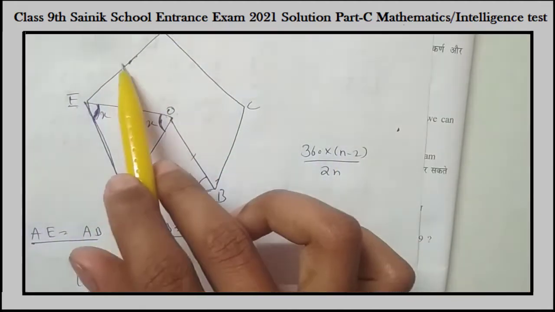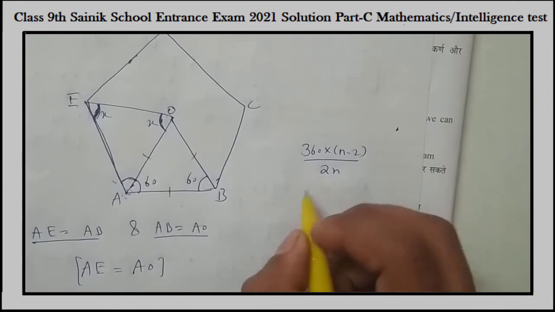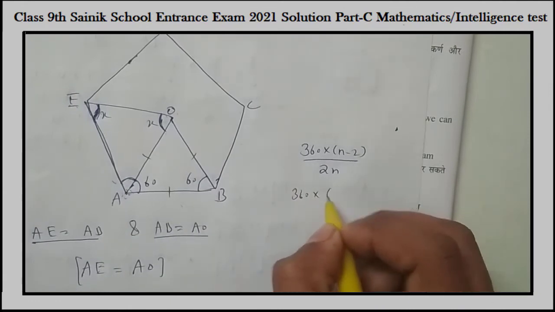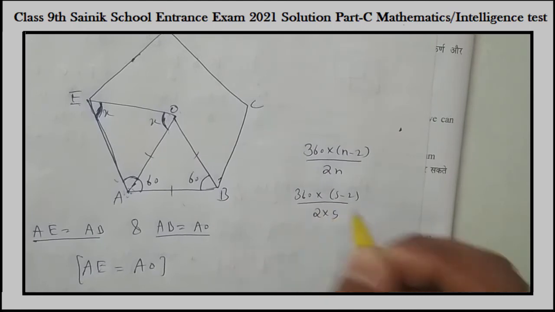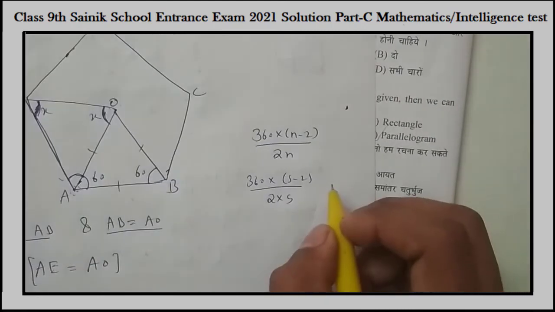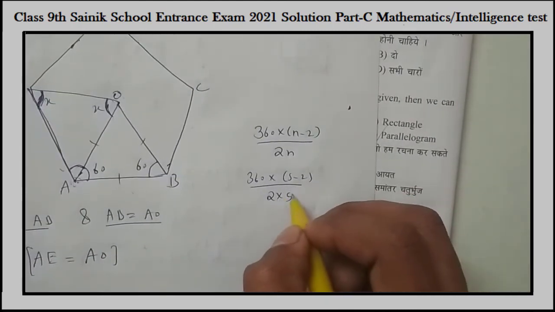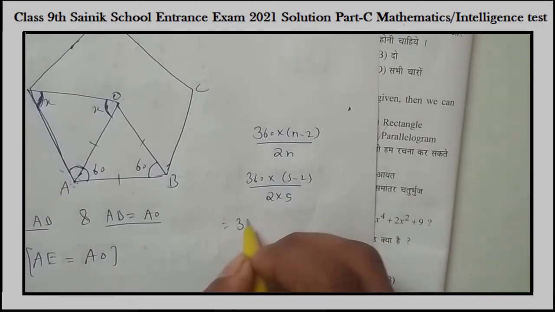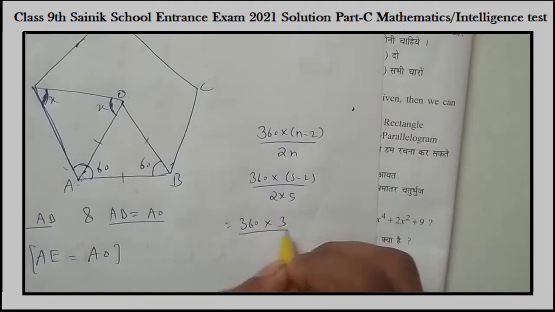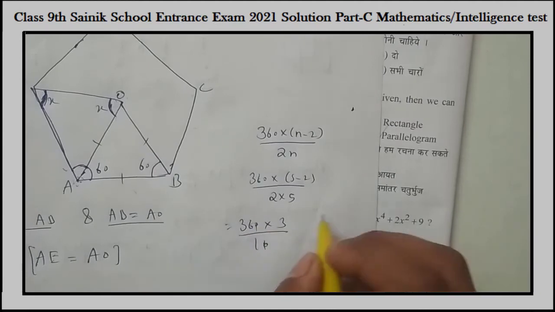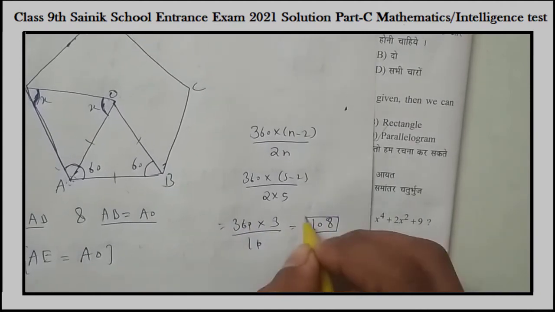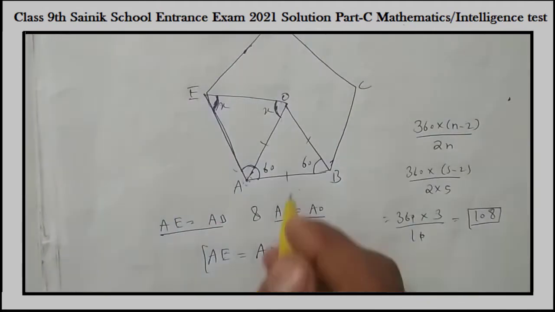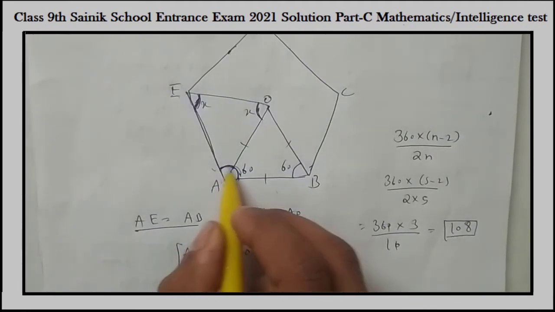What is the number of sides? 1, 2, 3, 4, 5. This is pentagon. 360 multiplied by 5 minus 2 divided by 2 multiplied by 5. So calculate here. 360 multiplied by 3 divided by 10. 0, 0, this will become 6 3 is 18, 3 3 is 9, 108 degree. This total angle becomes 108.